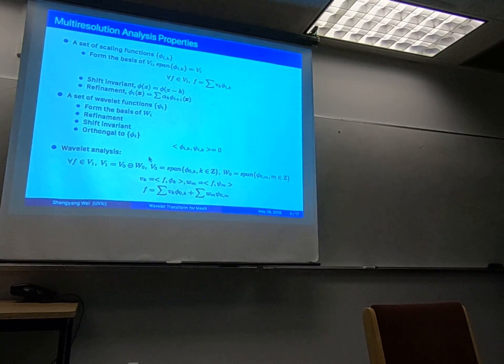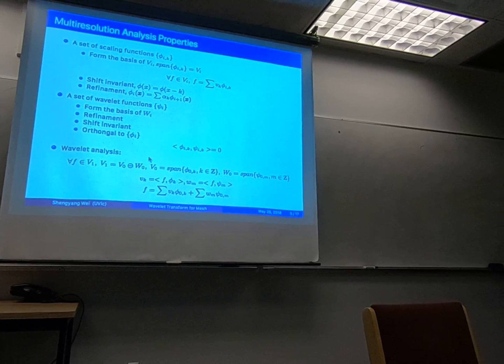The next key ingredient is to find a set of scaling functions which span the approximation space. It means that every function in a space Vi can be represented by a linear combination of the scaling functions.